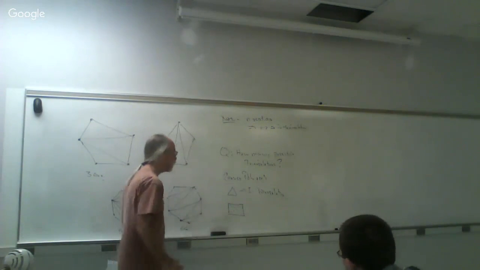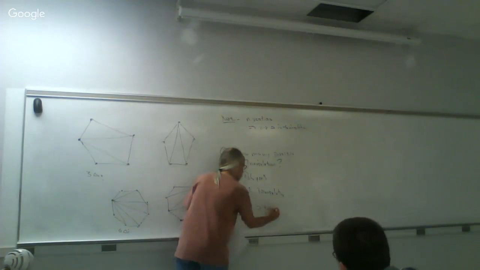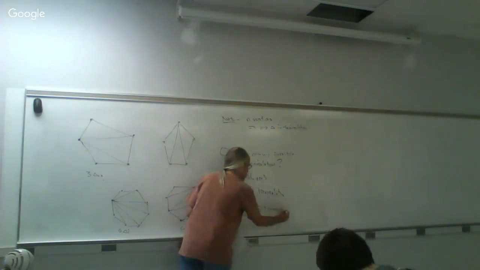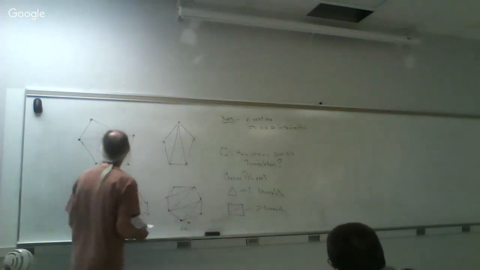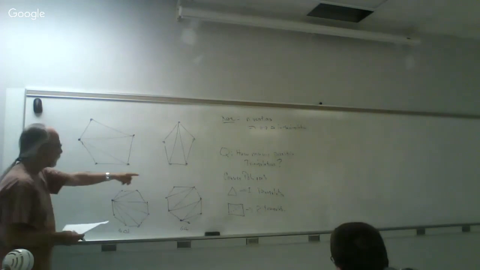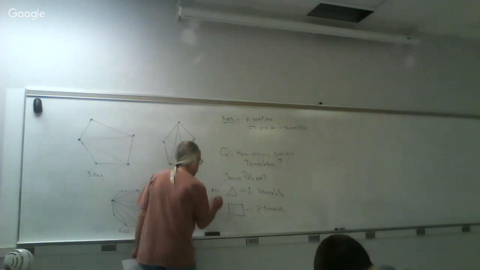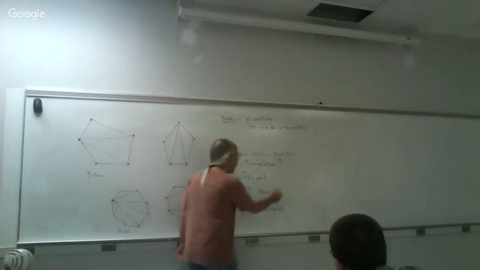But that's pretty much it. There's 2 triangulations. If I move it up to a pentagon, so I've got n equals 3, n equals 4, n equals 5.